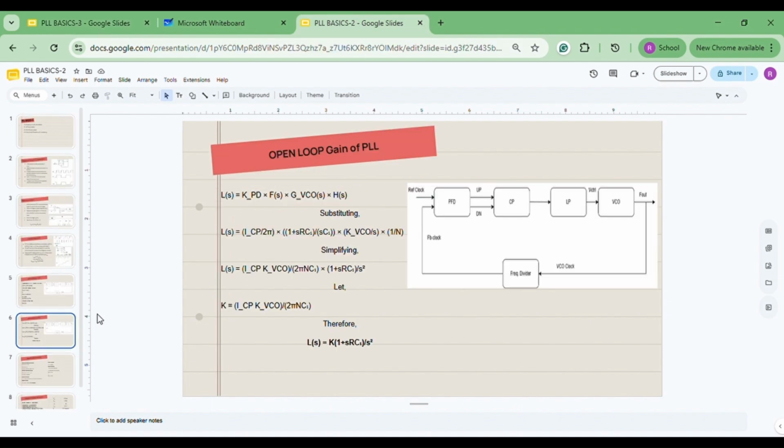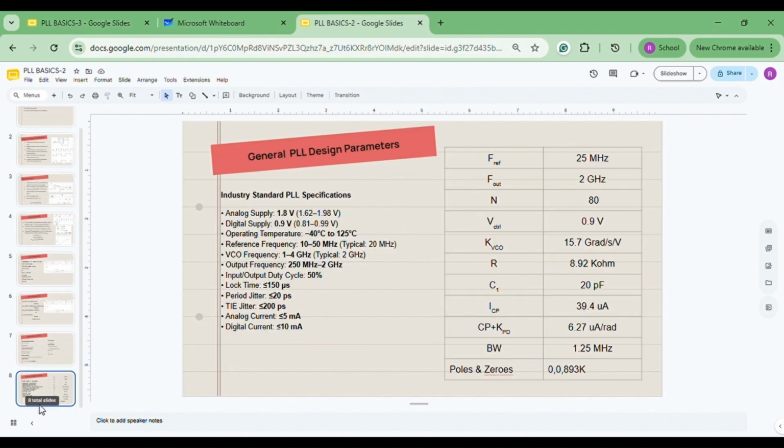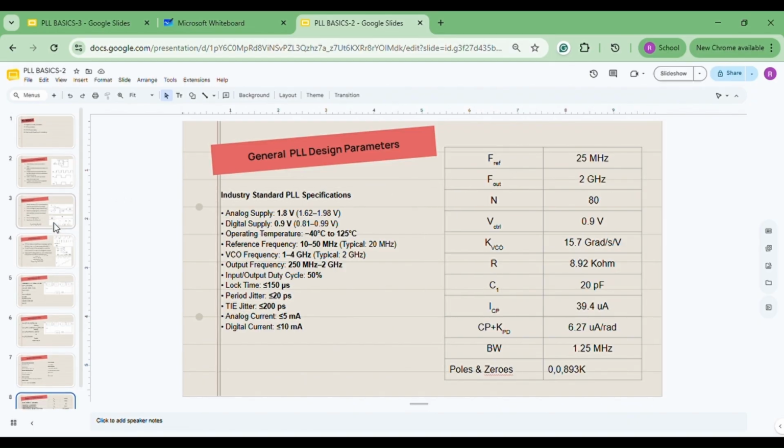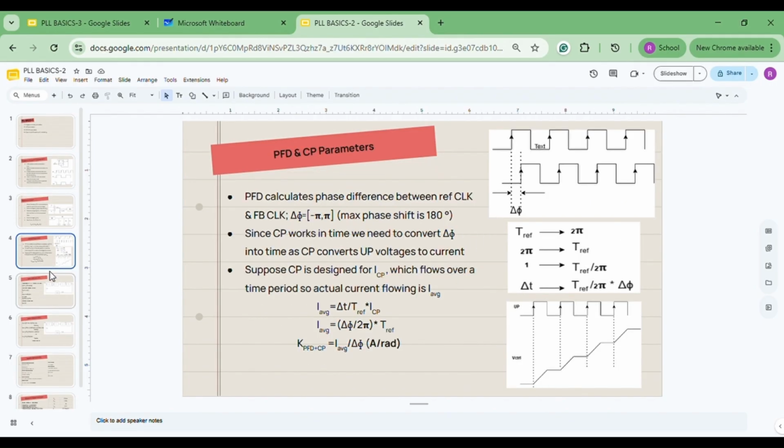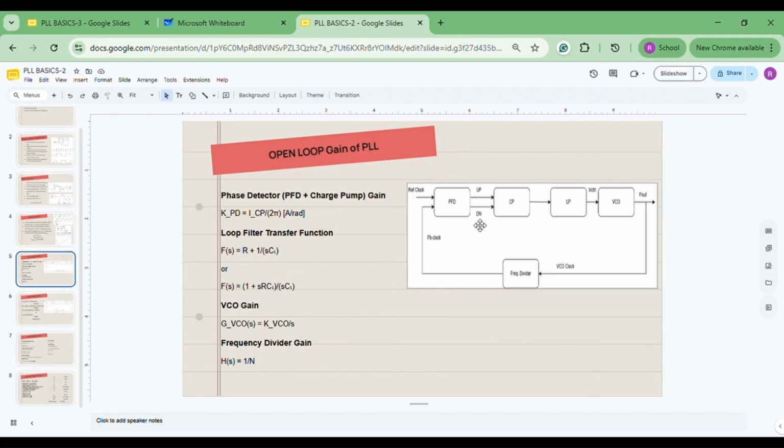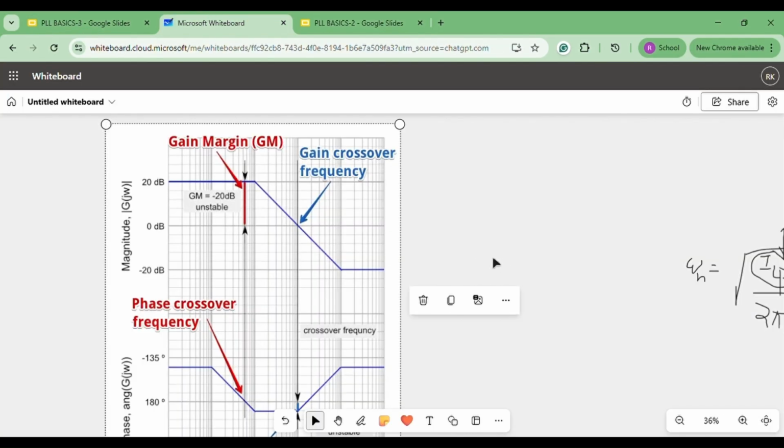rediscuss those things. So in the last lecture, we came to a conclusion. What was that? So we were using a reference. Okay, let me copy the full PLL block. Yeah, so this was our full PLL block. Copy it here.